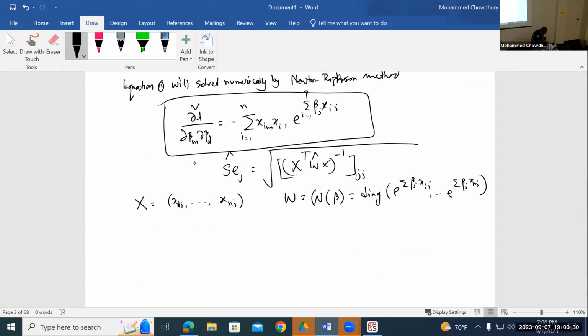Okay, let me give you an example of the Newton-Raphson method, because in this case there is no unique solution. Unique solutions can be obtained after differentiating if you get a very simple equation equal to 0, and then you do some left and right hand transformations and get the parameter value.